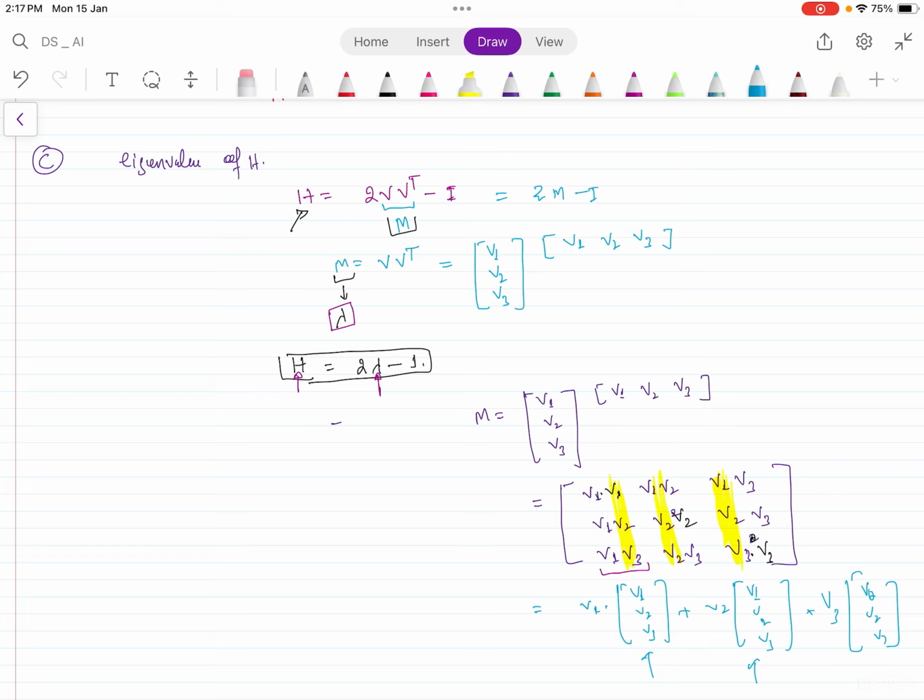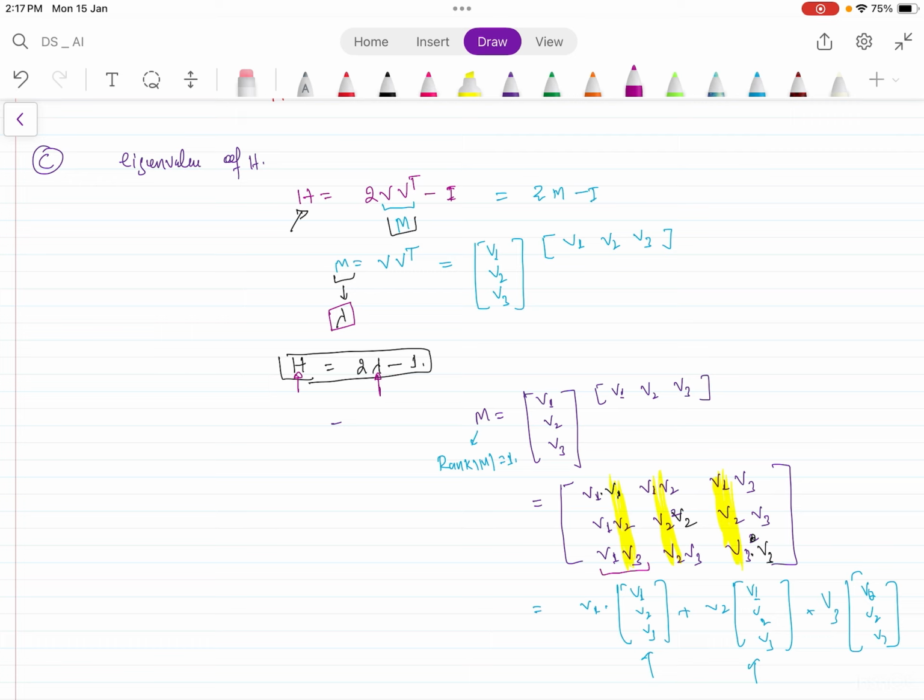It has 3 vectors, but the other 2 are a scaled version or linear combination of this, so it has only one independent vector. So the rank of this M is 1.